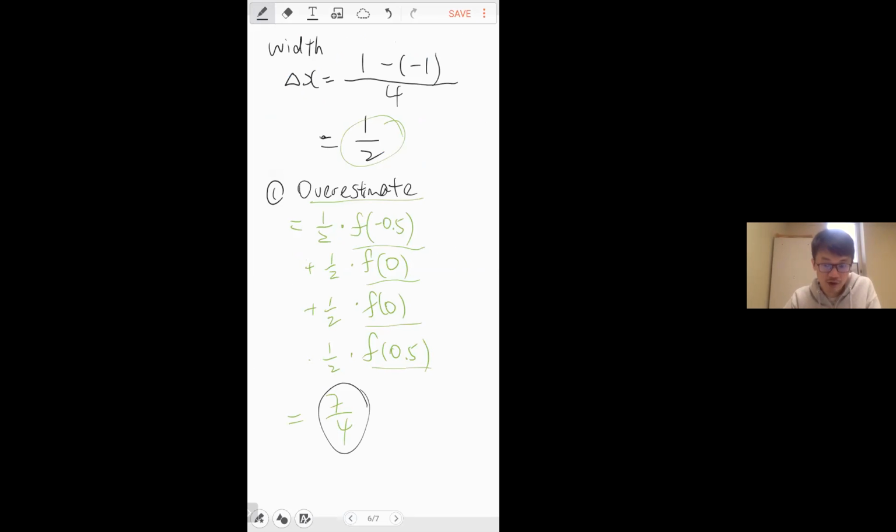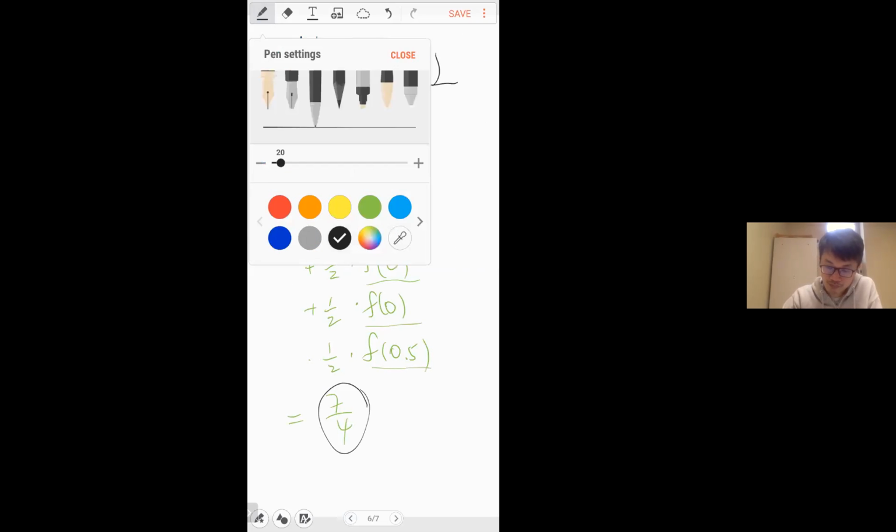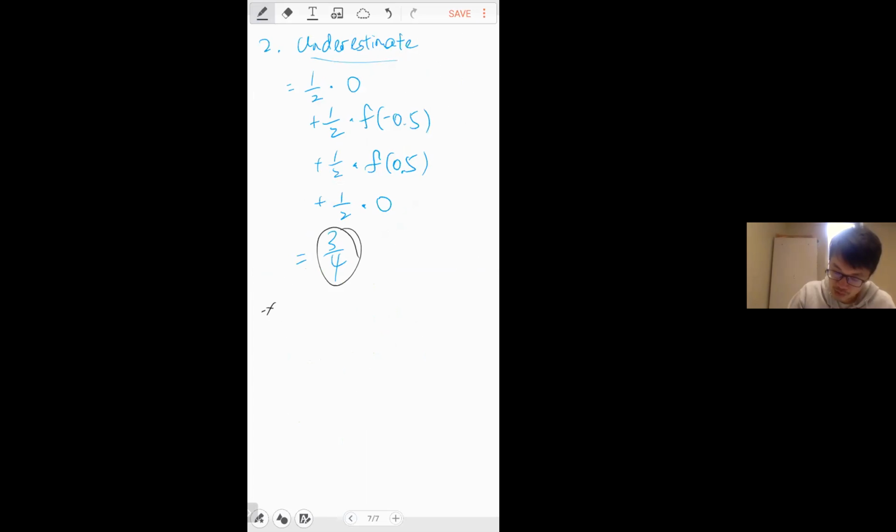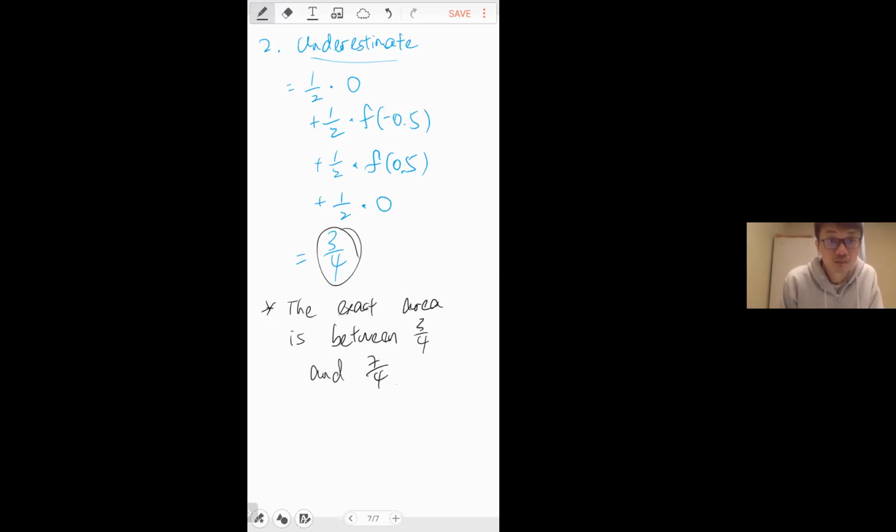Underestimate means you're underestimating the area. So note that the exact area is between 3/4 and 7/4. Questions?